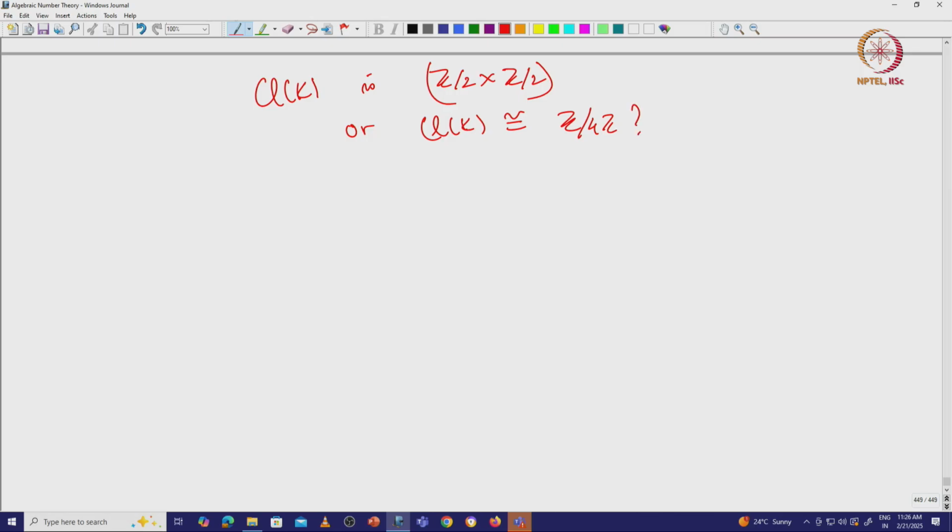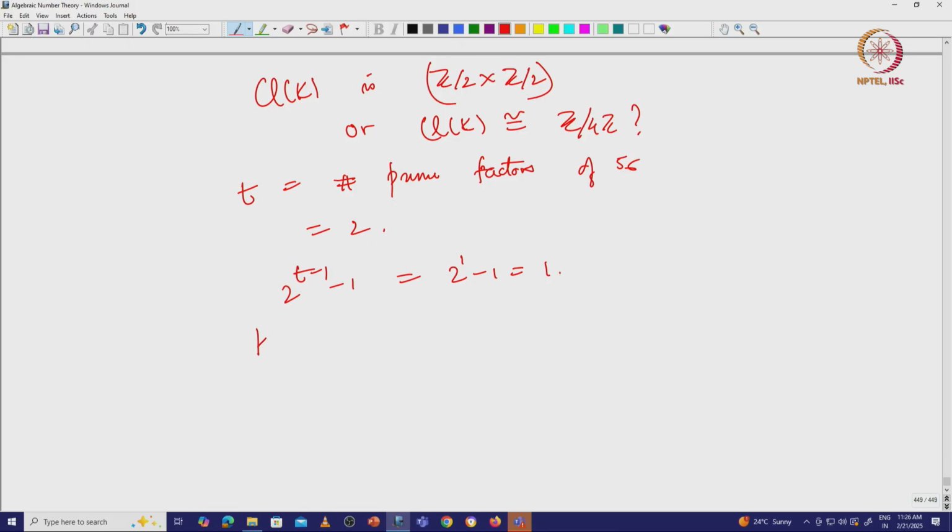Now you look at what T is, the number of distinct prime factors of 56. This is equal to 2, right, and so 2 to the T minus 1 is 2 to the power 1, which is 2 minus 1 is 1. So there should be exactly one element of order 2.